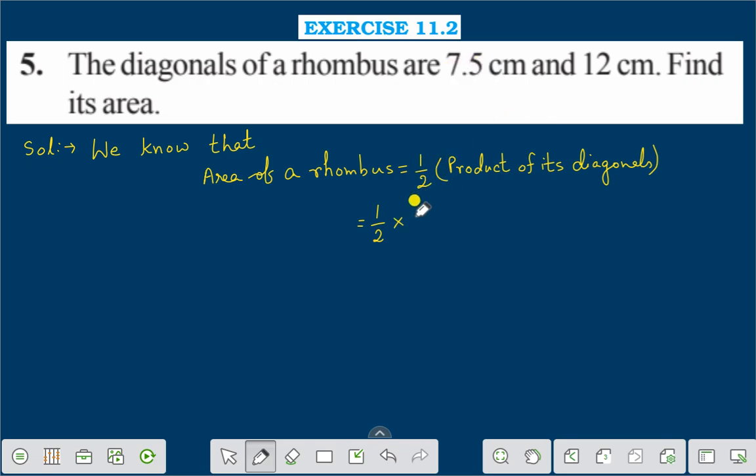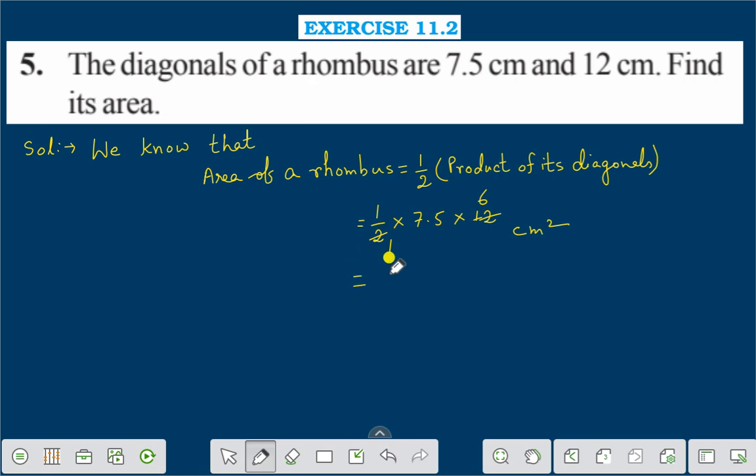One diagonal is 7.5 centimeter, so that is 1 by 2 into 7.5 into 12 centimeter square. 2 twos are 12, 2 sixes are 12, so 6.